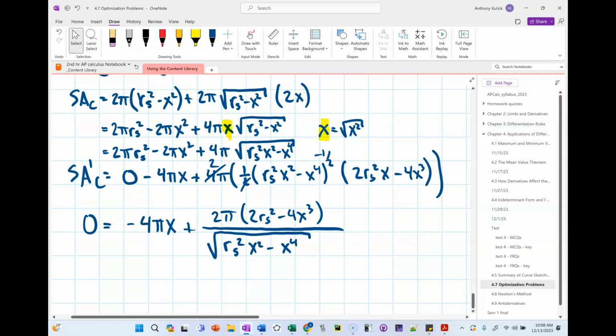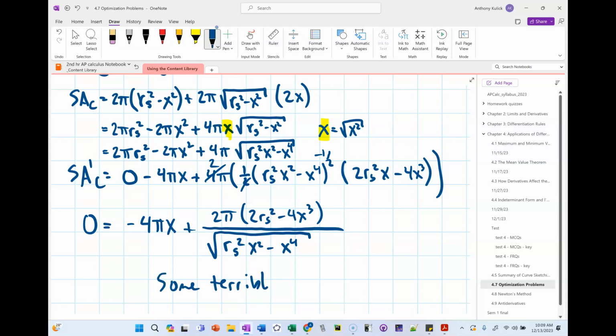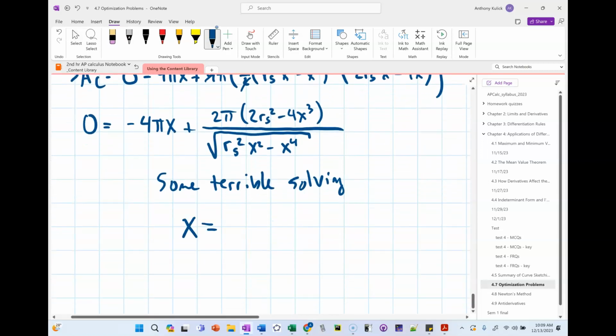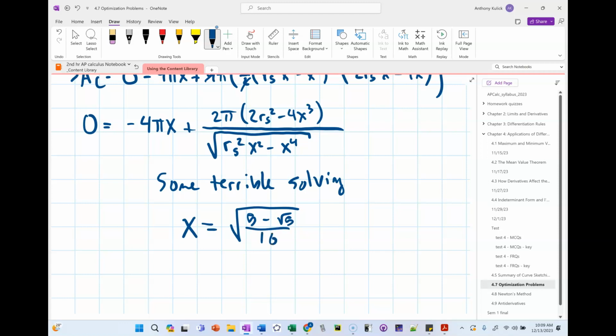So they made a common denominator and set the fraction equal to 0. Now they're going to have to solve something with a radical in it. It just gets really gross. Let's just stop here. This is beyond the scope. The solving is getting in the way of finishing this. So I'm going to write some terrible solving, and we get that x is equal to the square root of 5 minus square root 5 over 10 times rs.